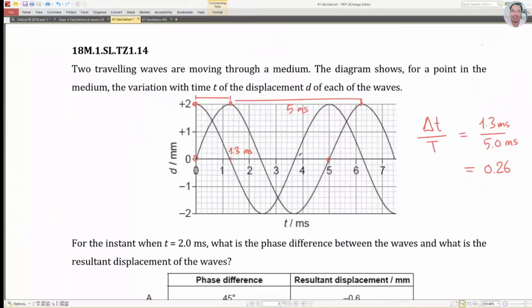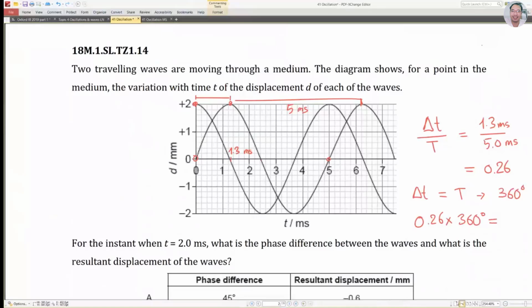That ratio. If the difference in time delta t is 1 period, the two waves are said to be in phase, meaning the difference in phase will be 360 degrees. But this ratio is 0.26, so you multiply 0.26 by 360 degrees. When the difference in time is 1 period, the phase difference is 360 degrees.